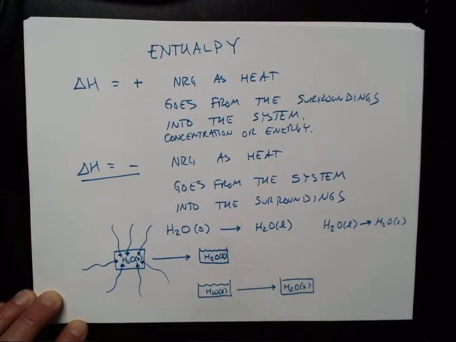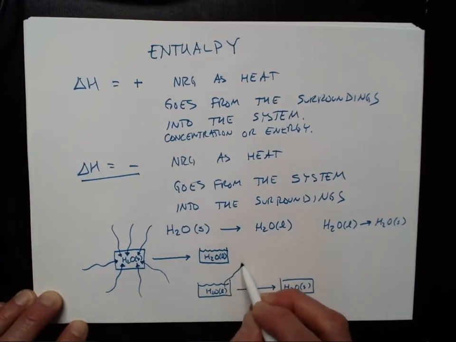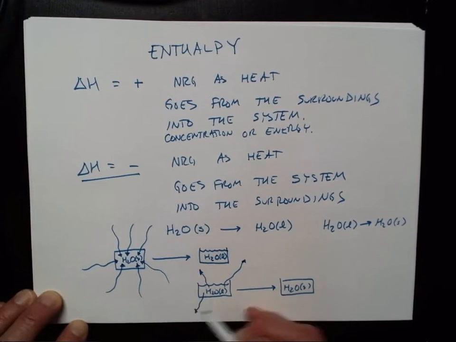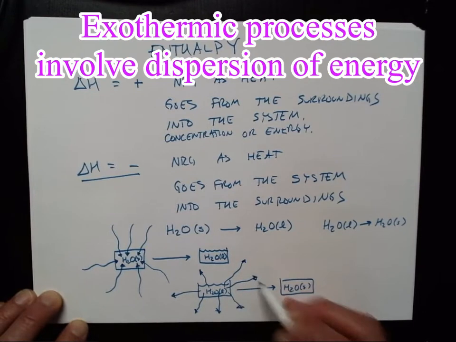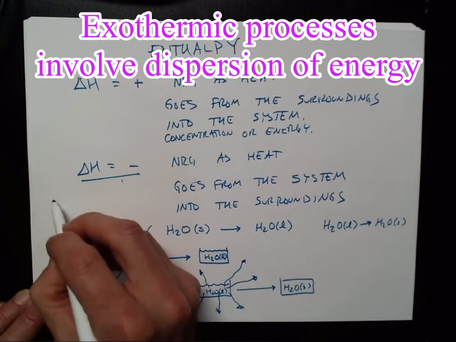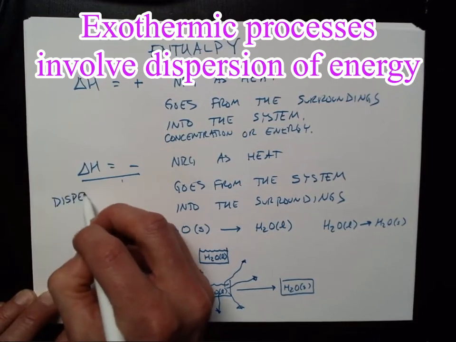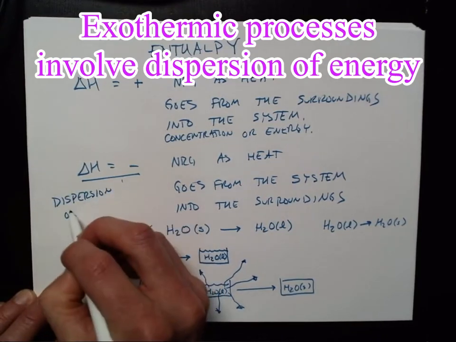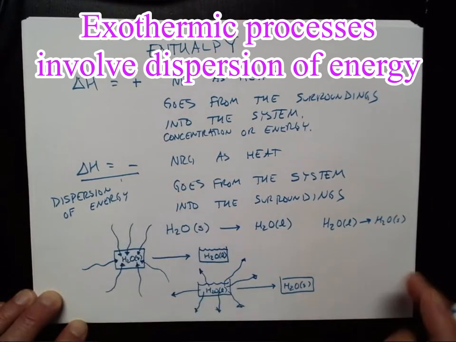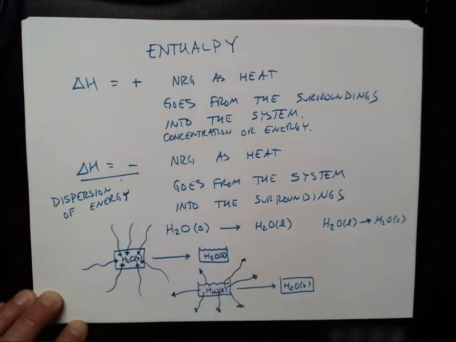Less motion of molecules in the solid than in the liquid for sure. And in this case, energy is going to flow out of the system into the surroundings. This actually represents a dispersion of energy. So for delta H negative, this is going to represent a dispersion of energy.